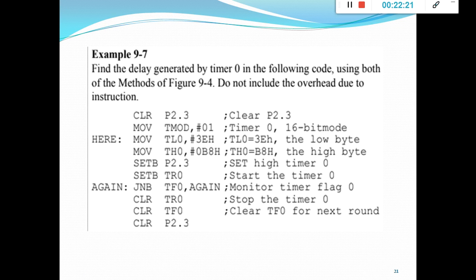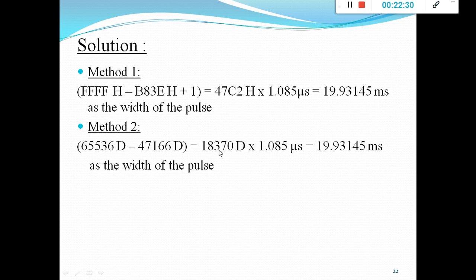Here there is no need to write the machine cycles because they told us not to include the overhead due to the instructions. So you directly take this count, B83E, and apply it in the method. The first method is the hex method. Maximum value FFFF minus initial count B83E plus 1 gives 47C2 in hex.